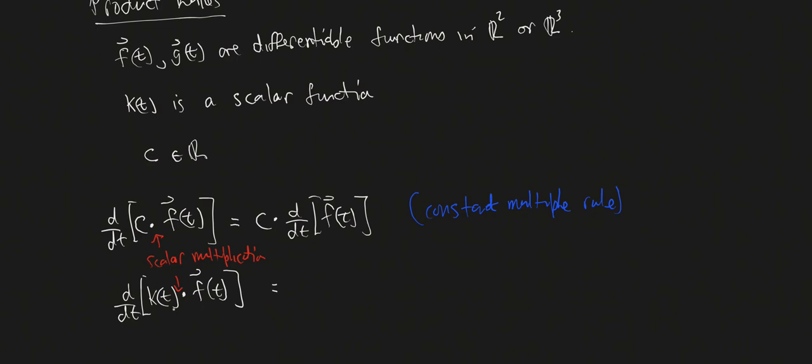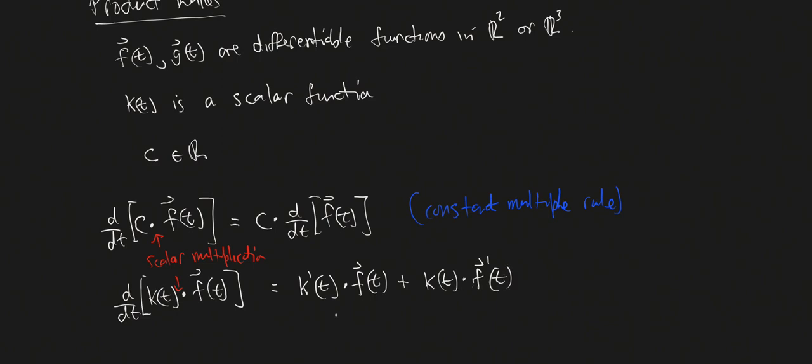So again, the product rule would say take the derivative of the first times the second, and then plus the first times the derivative of the second. I'll use my prime notation there.